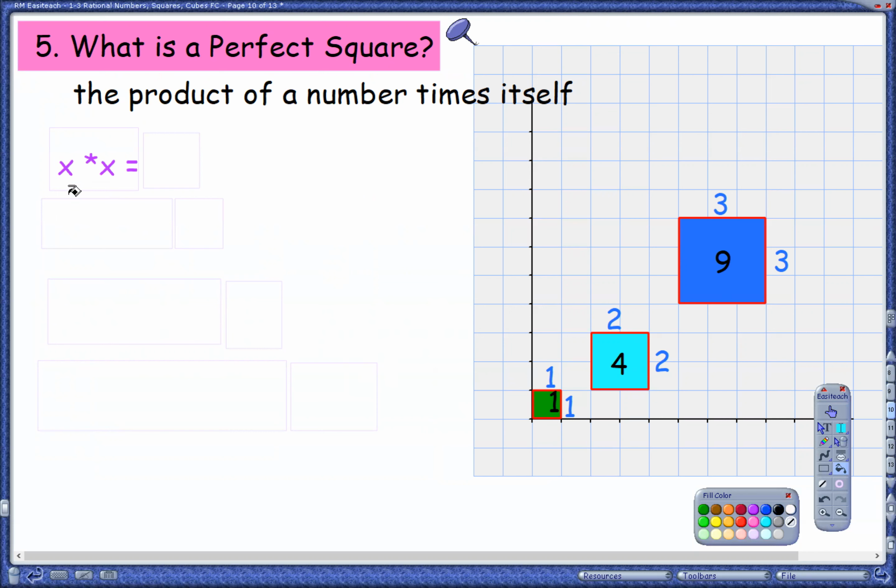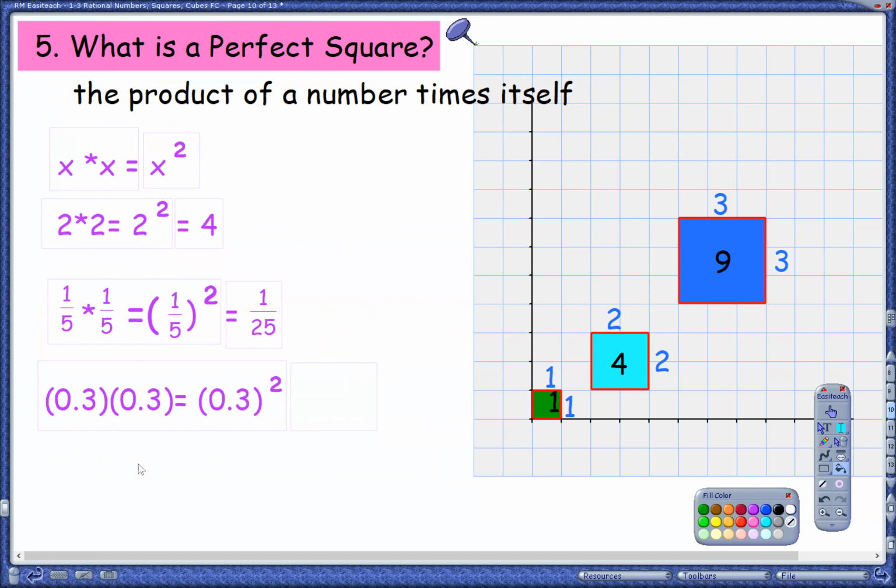So x times x gives you a perfect square, which is x squared. 2 times 2 will give you 2 squared. 1/5 times 1/5 will give you 1 over 25. And this will give you 0.09, sorry. So those are squares.